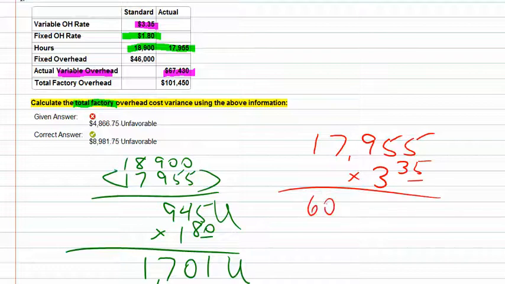That looks like 60,149.25. Okay, that's what it should have been. That's what we should have had in variable costs.